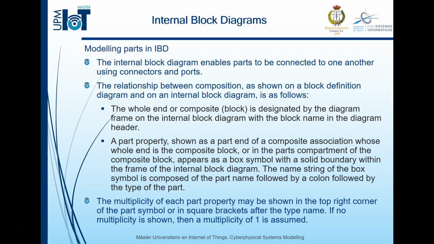How many elements will be available in these diagrams? All the parts in the whole-part relationship of the previous diagram. So all the part properties will be here, and the multiplicity for each one will be displayed on each one.